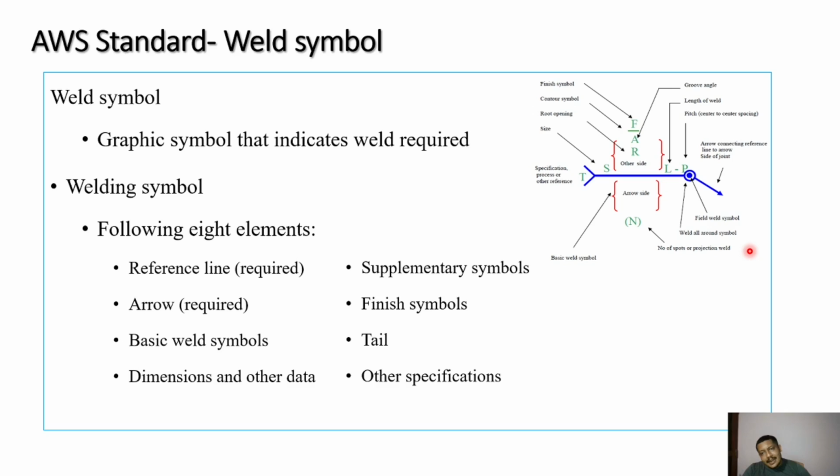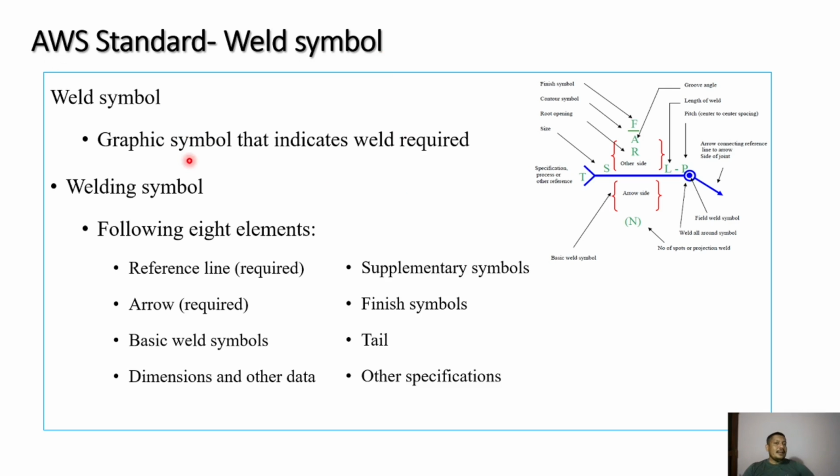There is a standardized weld symbol, which normally all the industries follow: the AWS standard, American Welding Society. They have a standardized weld symbol available that all the industries follow. What all does it indicate?